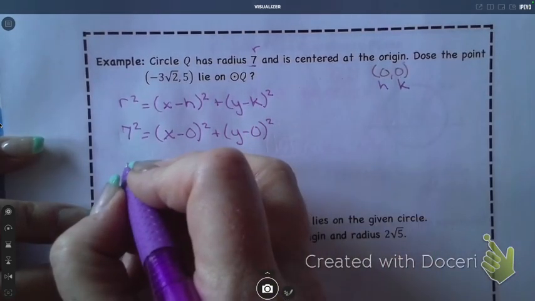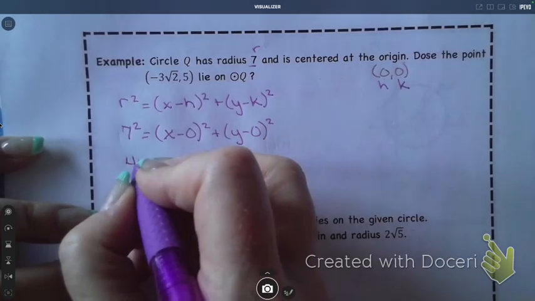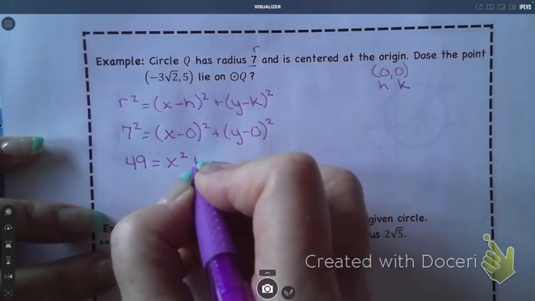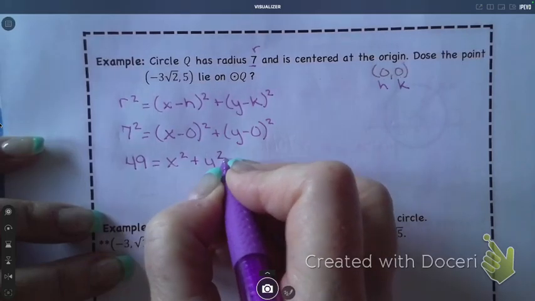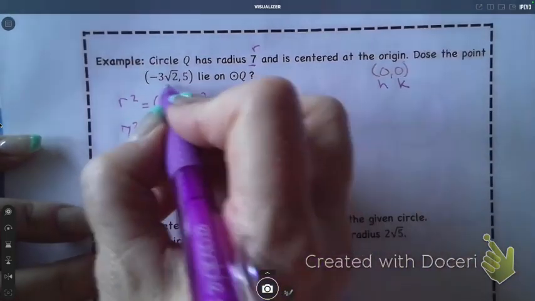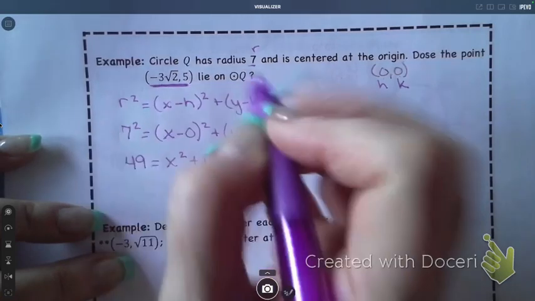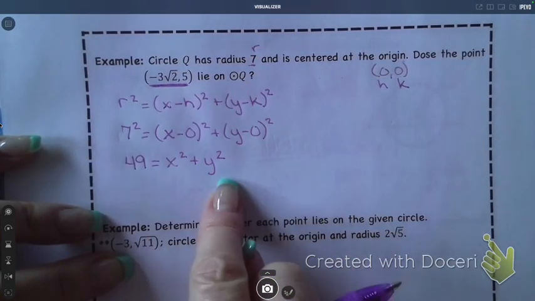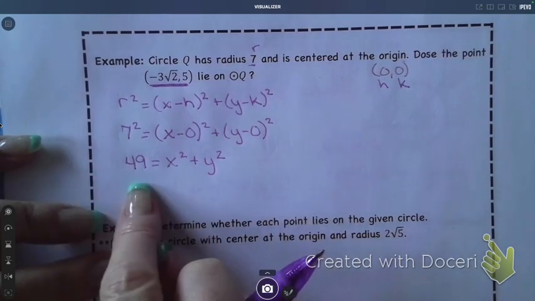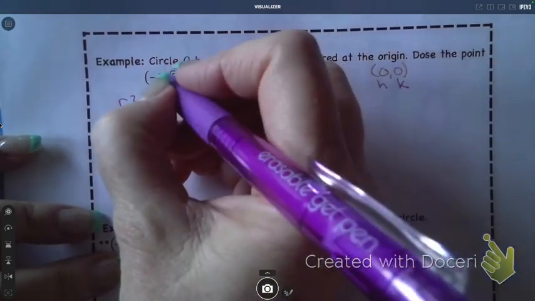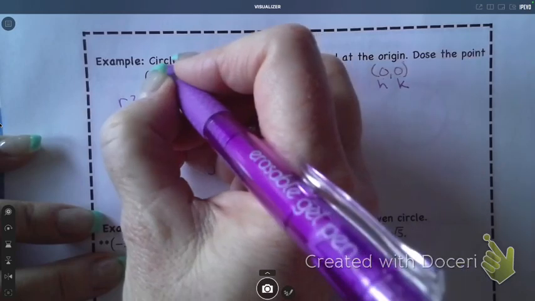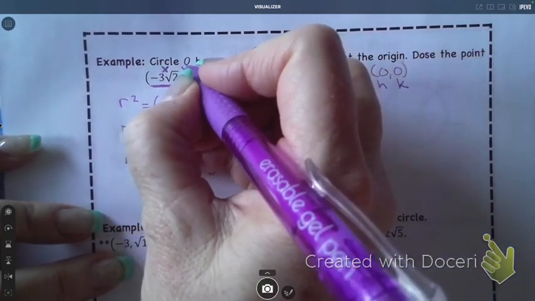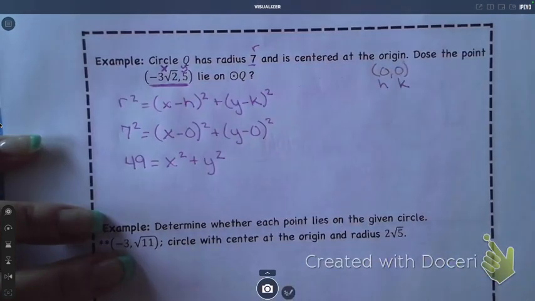So 7 squared equals x squared plus y squared, so 49 equals x squared plus y squared. So if this point is on this circle, when I plug it in there, x squared plus y squared is going to equal what? 49. Well, negative 3 square root of 2 is the x, and 5 is the y. So let's plug it in.